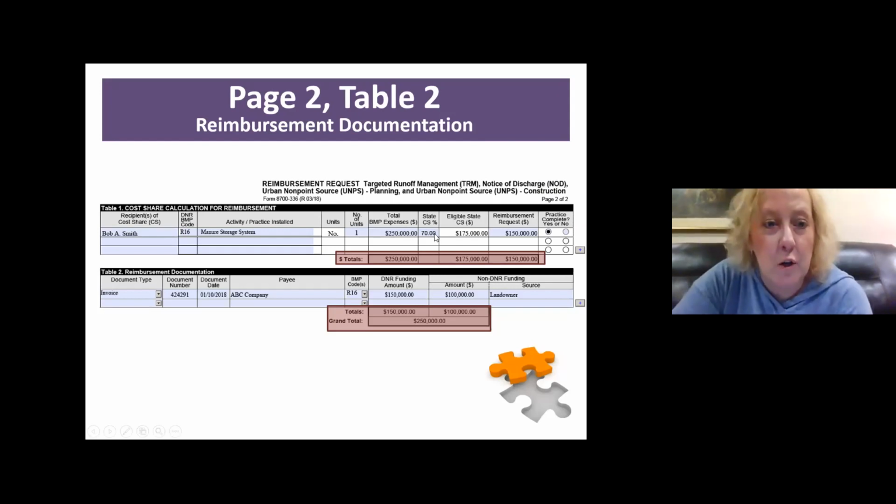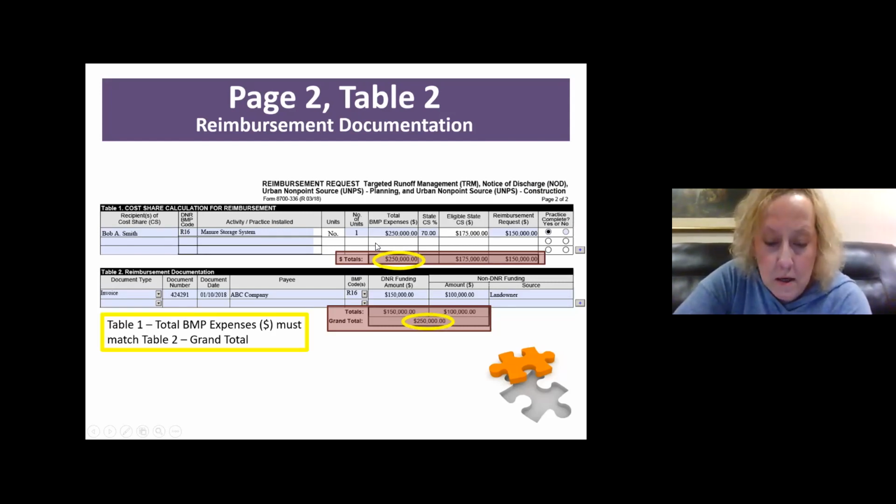So again, looking at another completed example, the total DNR amounts and non-DNR funding, as well as the grand total amount, are calculated and auto-populated at the bottom of table 2. That proof of purchase documentation in table 2 should be reconciled with the costs claimed in table 1.